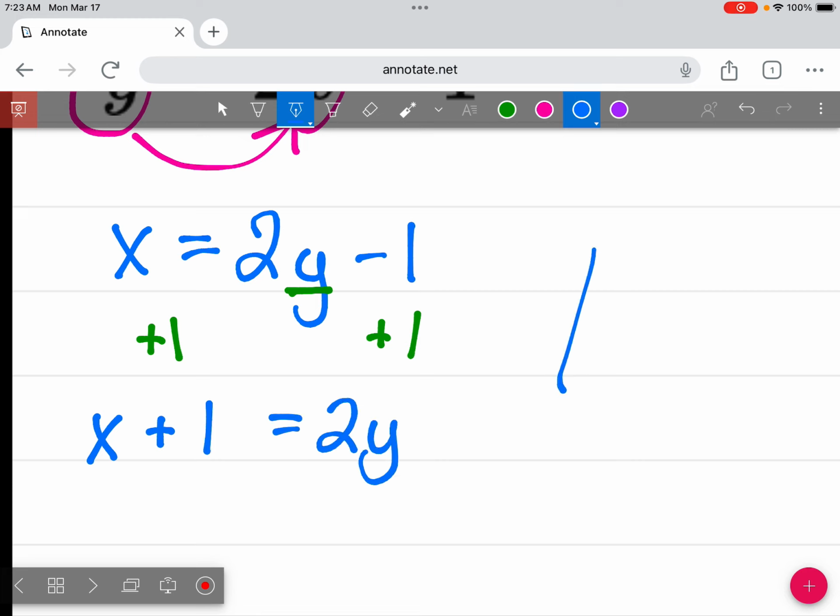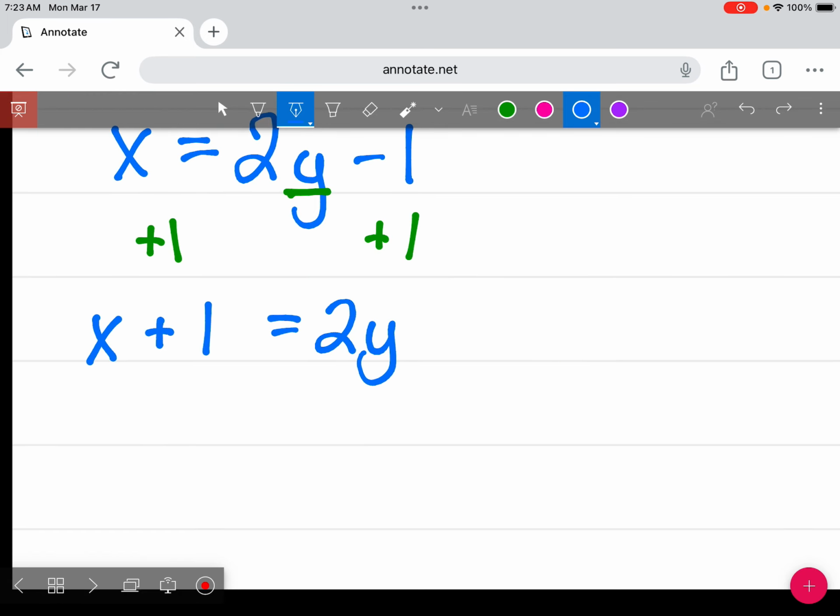So we get x plus 1 equals 2y. And then when we divide by 2, because that's absolutely the next step, we can either do it as one big divide by 2 like this, or you can divide by these two things individually, like this.